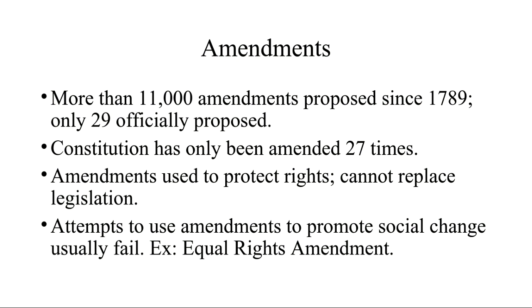Out of those 29 proposed amendments, only 27 have been ratified. The last amendment to be added, the 27th, basically says Congress can't give itself a pay raise in election year. But we haven't amended the Constitution since the early 1990s. So it's actually been a while since we've had a proposed constitutional amendment.